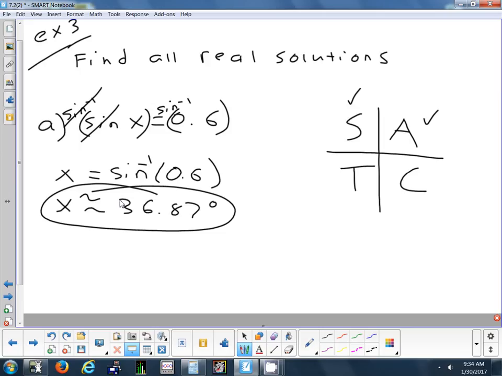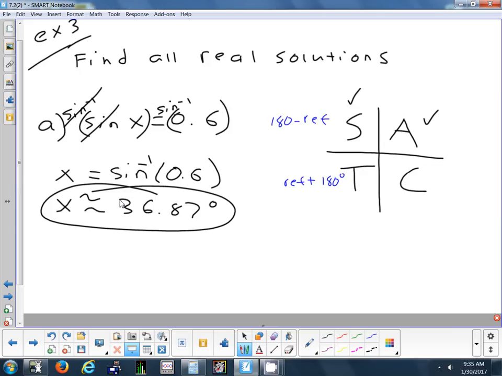Now, does anybody remember what you do to get an answer in quadrant 2 with your reference angle? Maybe I'll write those in right below them. That's quadrant 3: reference plus 180. That's how you do quadrant 3. For quadrant 2, it's 180 minus your reference angle.